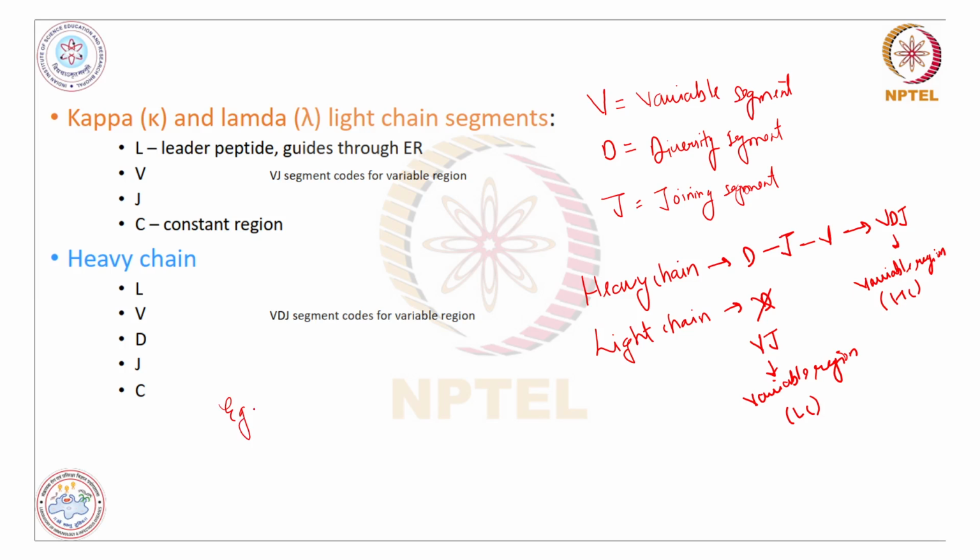Let's suppose, for example, we have 40 types of V segments, 25 types of D segments, and 6 different types of J segments. Then how many different combinations of heavy chain can we have from this VDJ? All three are there, means it is for heavy chain. If only V and J are there, means it is for light chain. So in the case of heavy chain, we can have 40 into 25 into 6 combinations. And the same in the case of light chain.